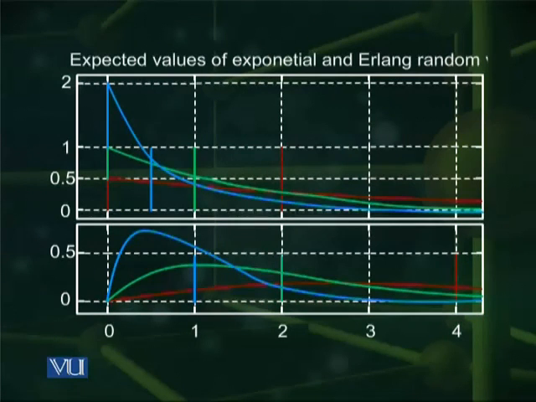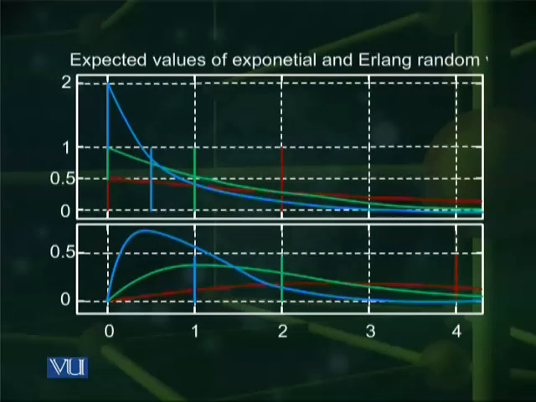The lower part of the slide also shows 3 PDF functions. These PDF functions are from the Erlang type random variables, and they are also using the same 3 values of lambda, 0.5, 1 and 2.